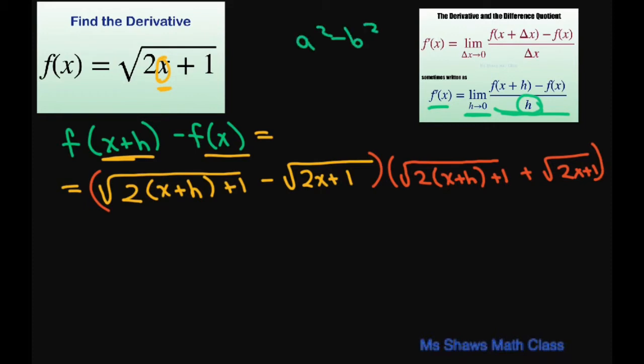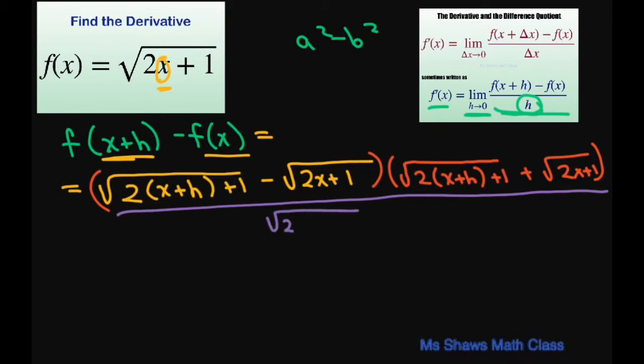And I forgot, let's go ahead. If you multiply the numerator by the conjugate, you also have to multiply the denominator. So we're just going to write this in the denominator: the square root of 2 times x plus h plus 1, plus the square root of 2x plus 1. So just keep that in mind.